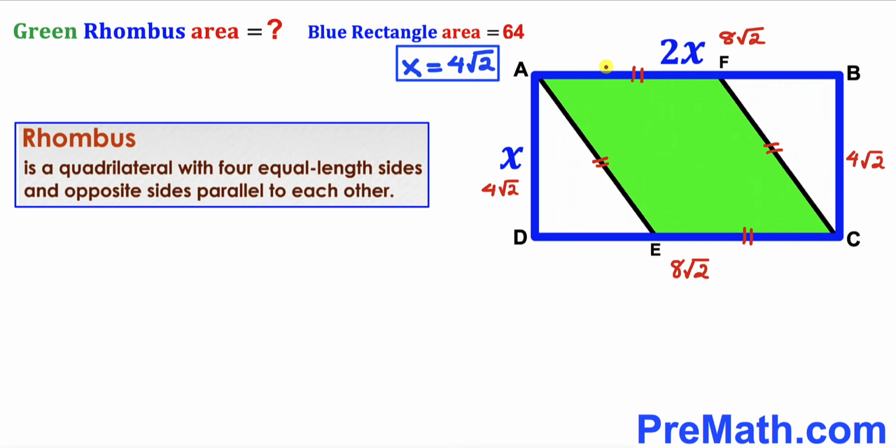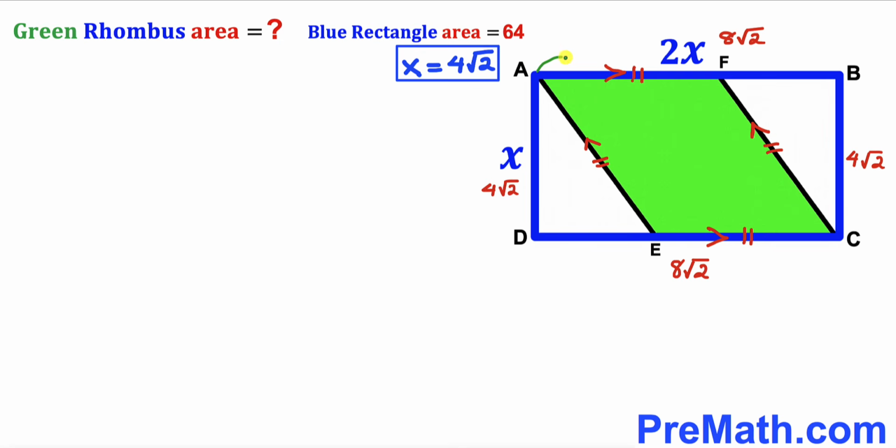Furthermore, this side is parallel to this side, and likewise this side is parallel to this side as well. If I label this side of the rhombus as lowercase a, then this side is lowercase a, and likewise the other sides are lowercase a as well.